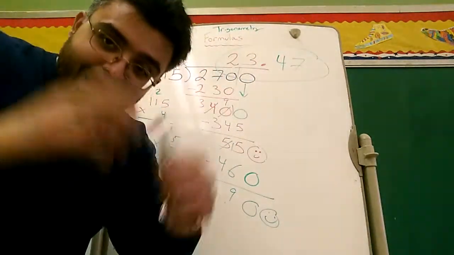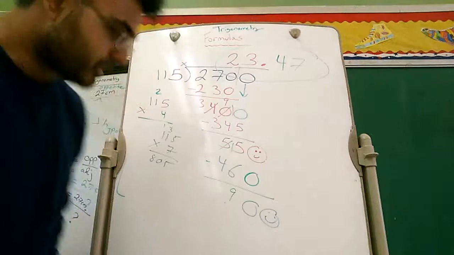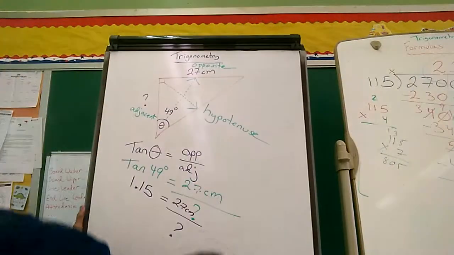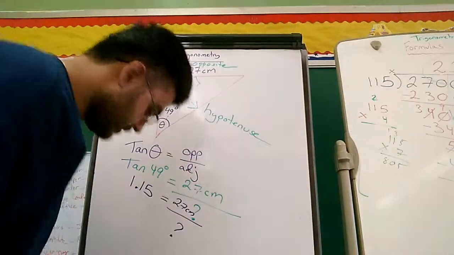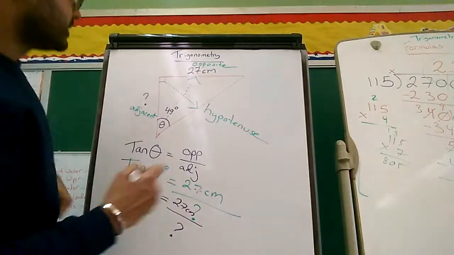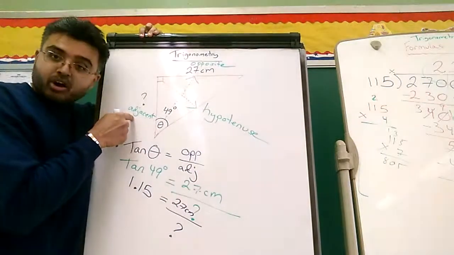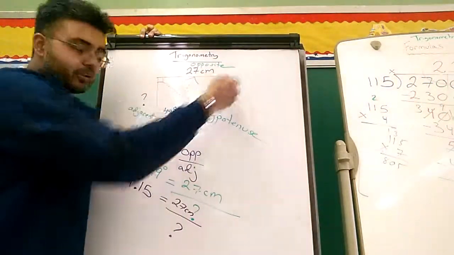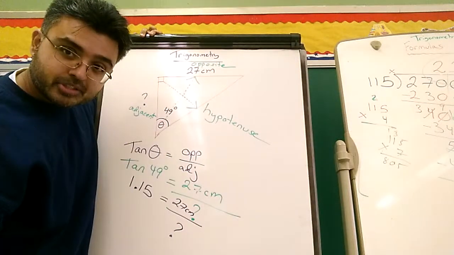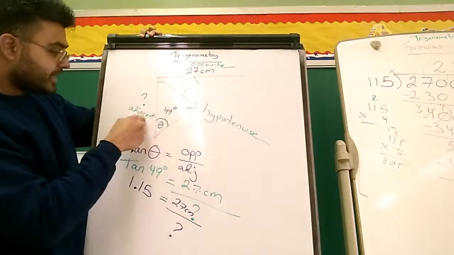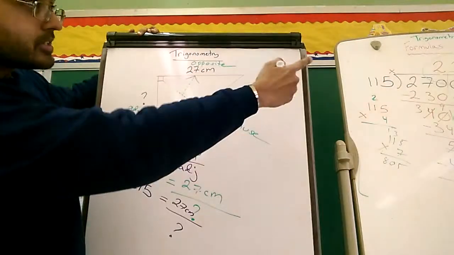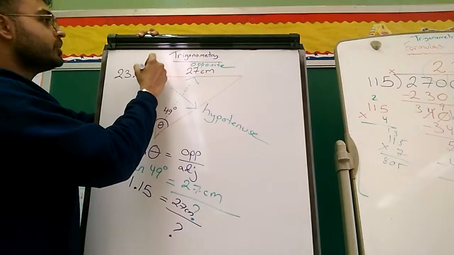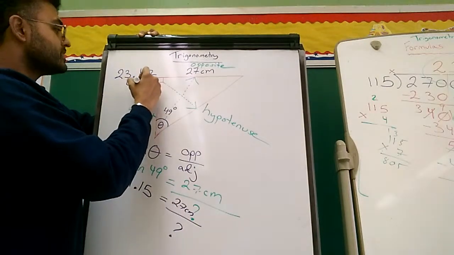Final answer, after you do all your division work. The length of the adjacent side of this right triangle, after you do all the calculations and use the right formula, the length of this adjacent side is 23.47 centimeters.